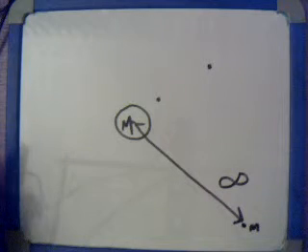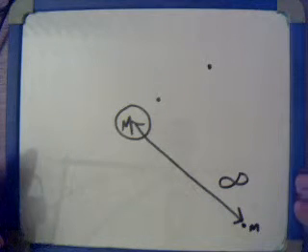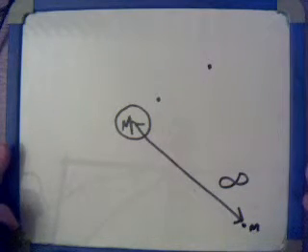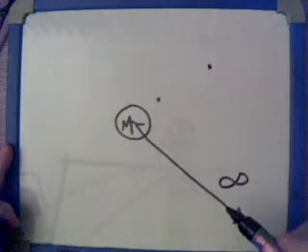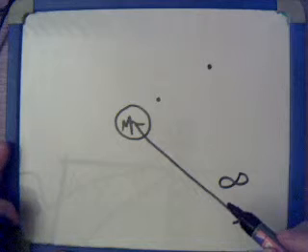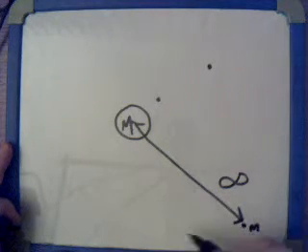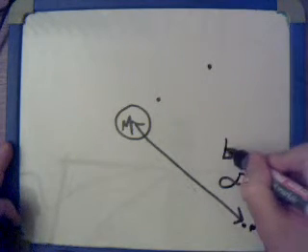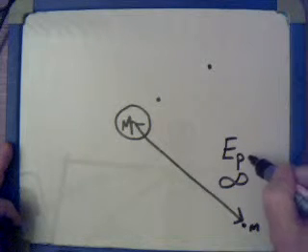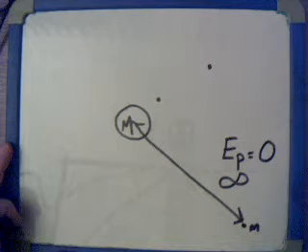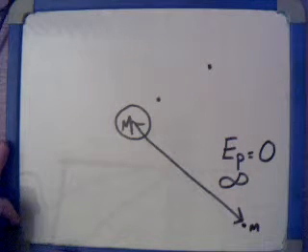It doesn't feel any force, and has no potential energy whatsoever. So here at infinity, the gravitational potential energy, EP, is equal to 0. That makes a lot of sense.